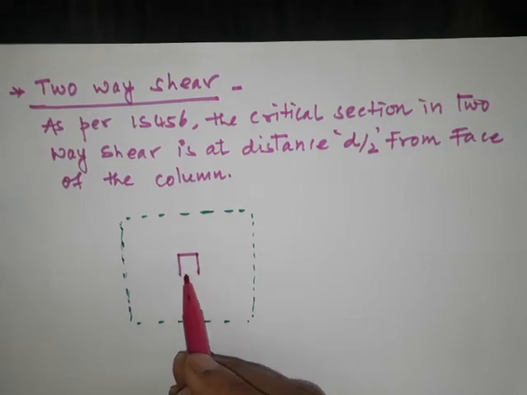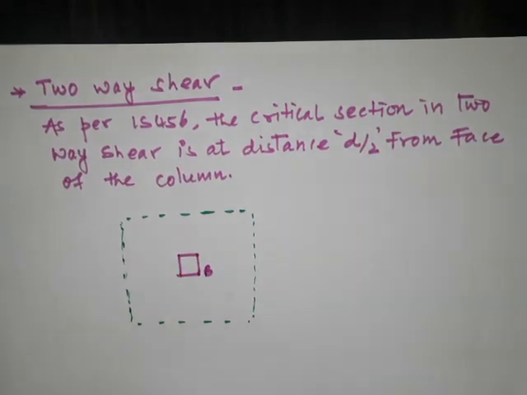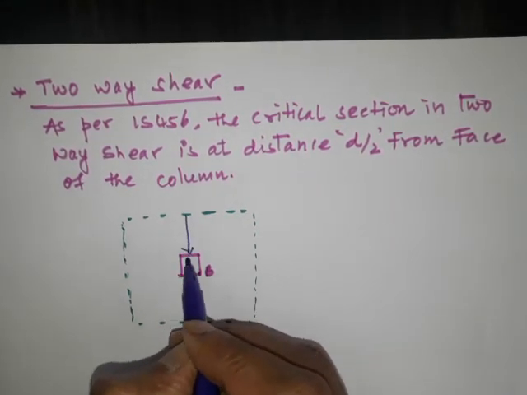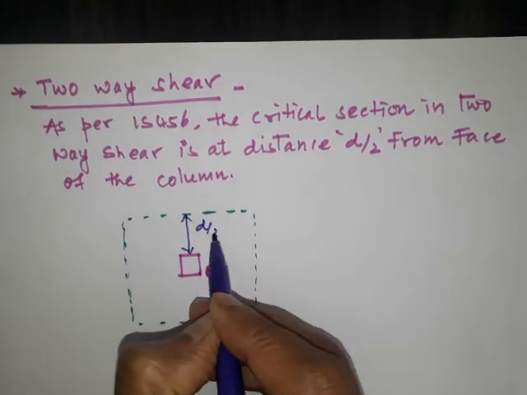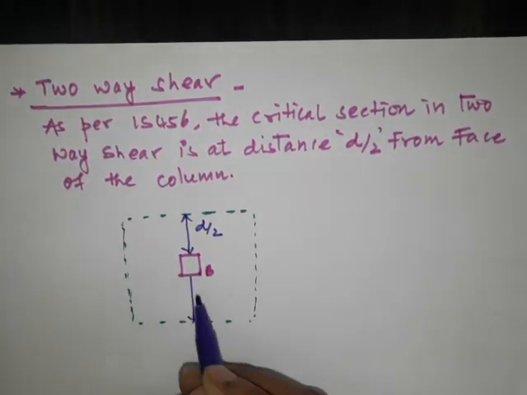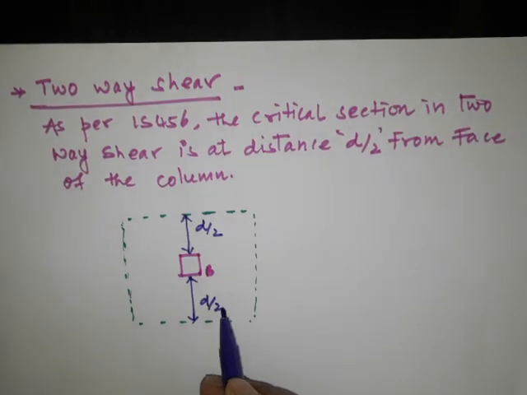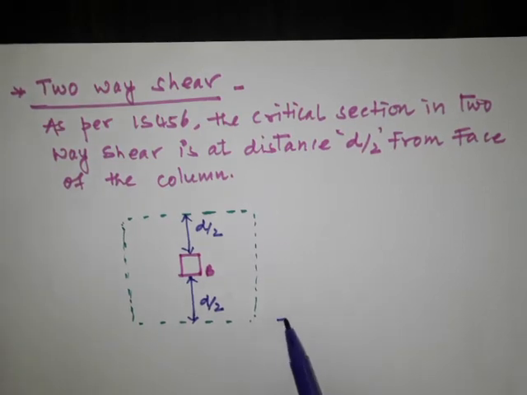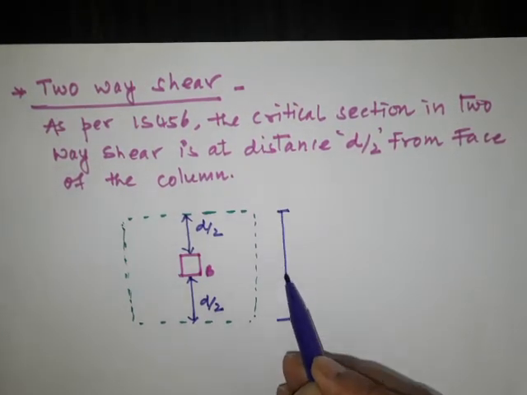So you have to consider the maximum loaded column, so column B. And this distance, as I told you, will be d by 2. This is also d by 2, at distance d by 2 from the face of the column. So we have to find out this length now.